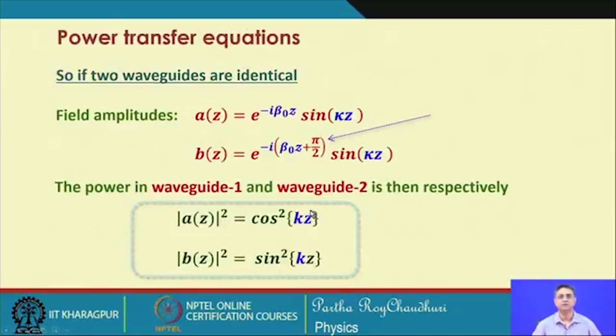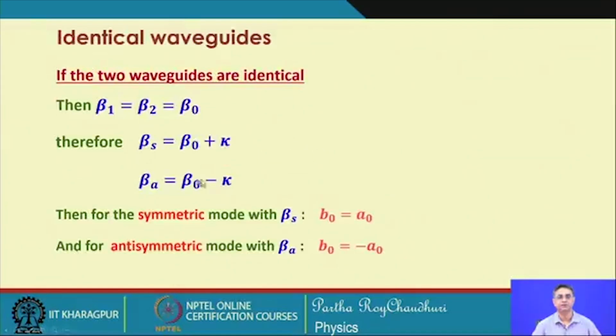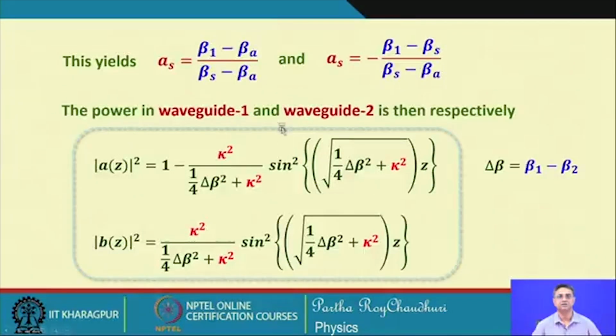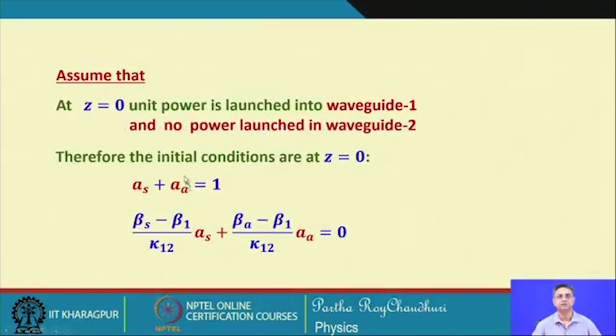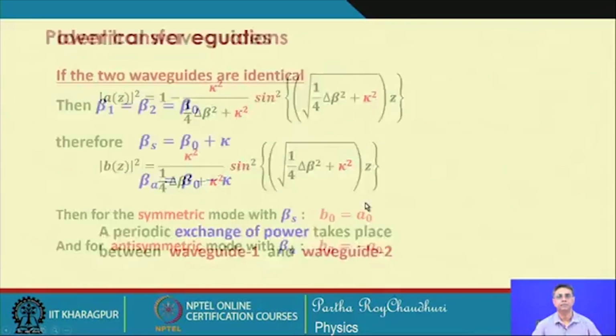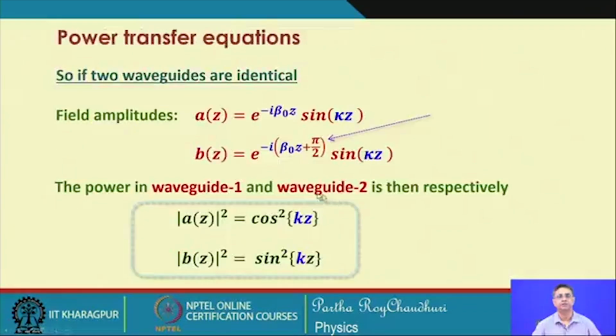Now, we have seen that if these two waveguides are identical, and if I substitute this beta s and beta a by beta 0 plus kappa and beta 0 minus kappa back into this equation, then we can write the expressions for Az and Bz in this form.